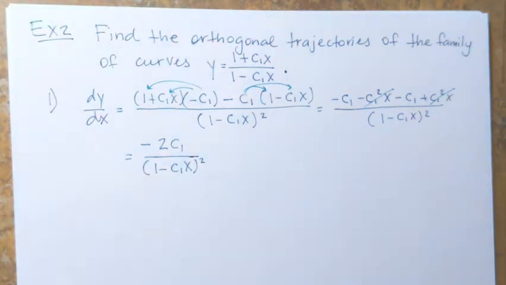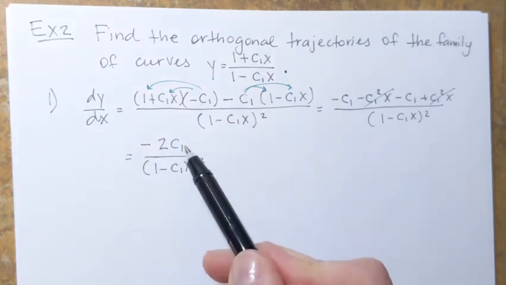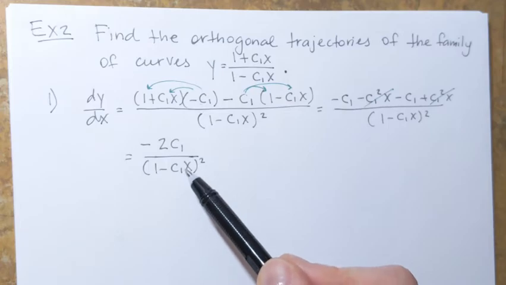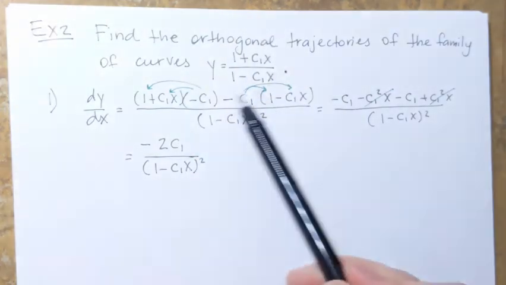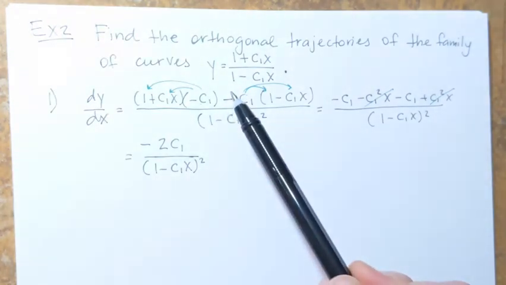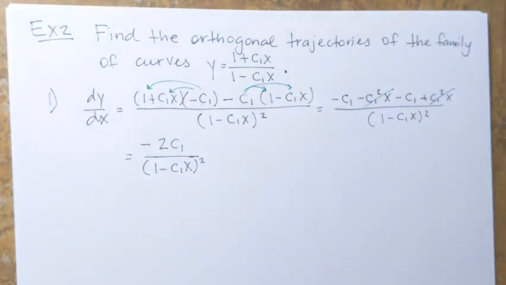Okay, so that is the derivative, but in order to obtain the differential equation, we need to get rid of c1. We need to replace c1 with whatever it equals based on the original equation. For that, we will do some scratch work on the side.